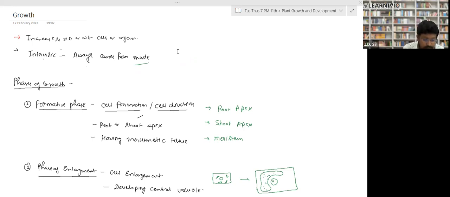So start writing down. Growth: increase in mass or size and weight of a cell or organ is called growth.